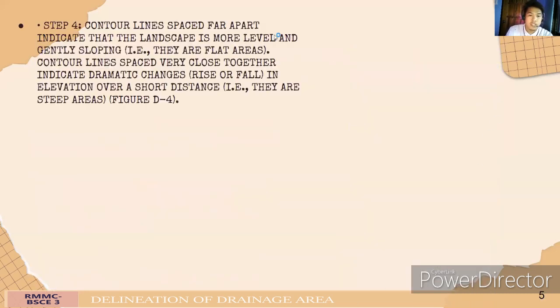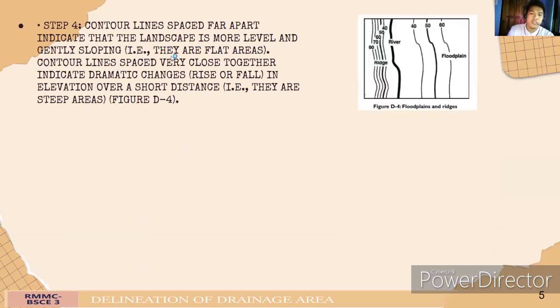Next, contour lines spaced far apart indicate that the landscape is more level and gently sloping, such as flat areas. Contour lines spaced very close together indicate dramatic changes, rise or fall in the elevation over a short distance, such as steep areas.